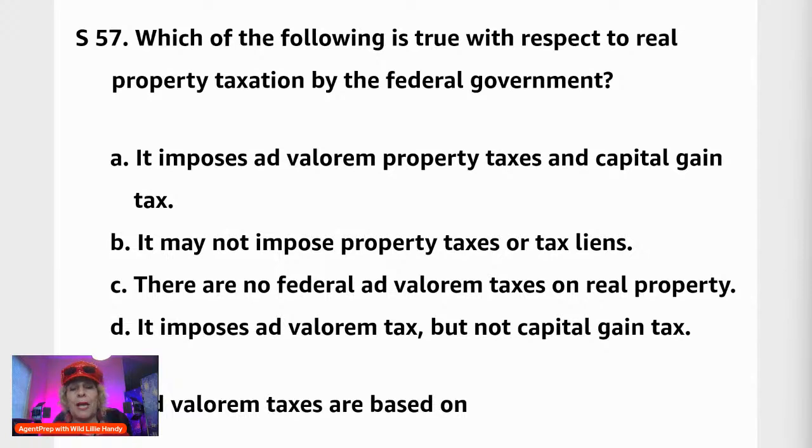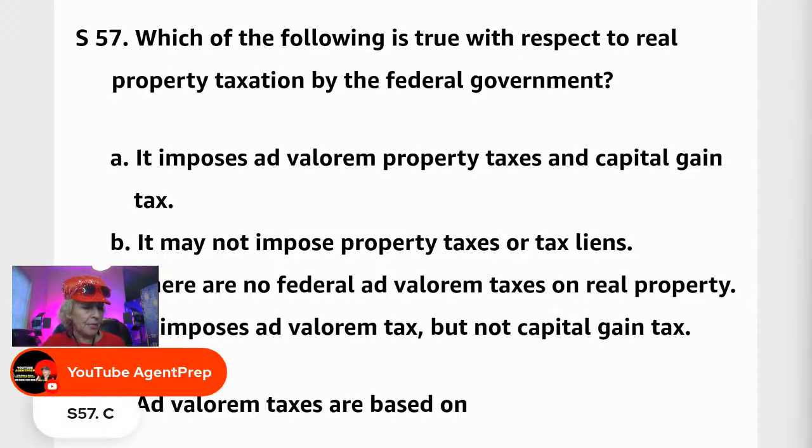That's what we pay every year. So the federal government doesn't do ad valorem property taxes on real property. They can put IRS tax liens on a property. And there may be capital gain taxes paid depending on whether the home was an investment or whether it was occupied and followed certain rules. But the correct answer here is there are no federal ad valorem taxes on real property.